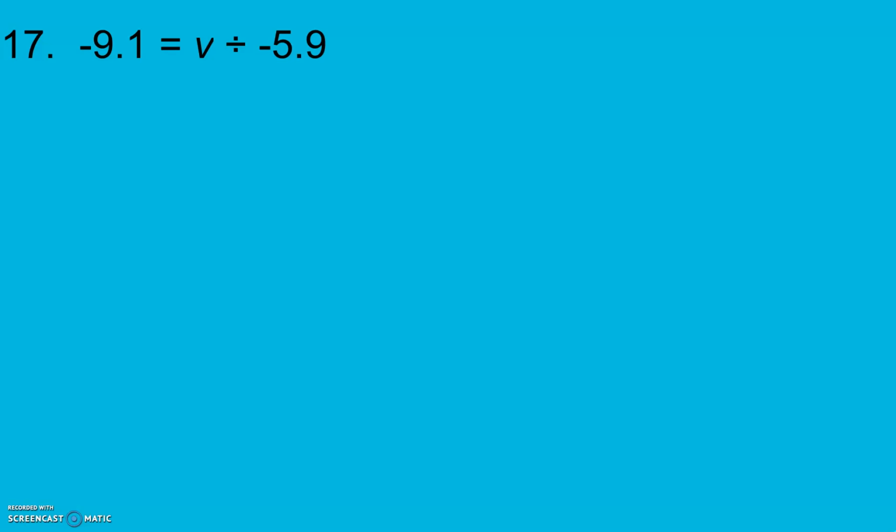And our last one, v is being divided. We get rid of division by multiplying. So I'm going to multiply by the negative 5.9 on both sides. As long as I do it on both sides, it works out. Keeps things equal. So I have a 1 times v, because anything divided by itself gives me a 1. And now I'm going to do that multiplication. So I take the 5.9 times the 9.1. Make sure that we put that 0 there to show that we moved over. 9 times 9 is 81.